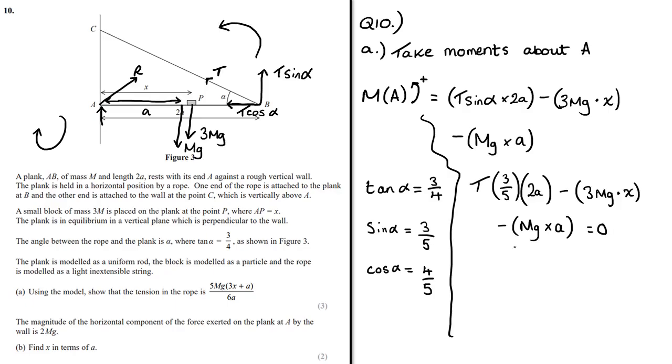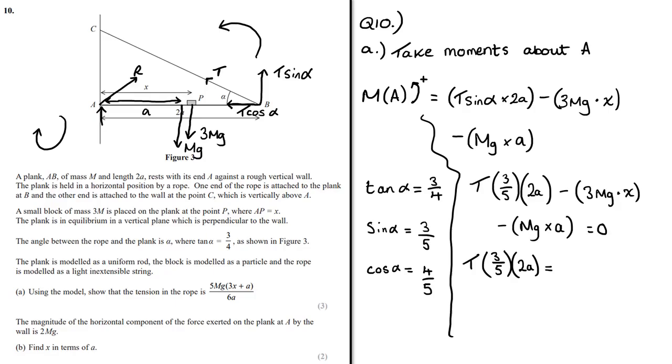And what I want to do now is start rearranging this. I've kept these as they are for now, because what I'm going to do in a moment is factor out the mg. So if we take this across, I get T lots of 3/5 times 2a, and that will be equal to positive 3mg times x plus mg times a.